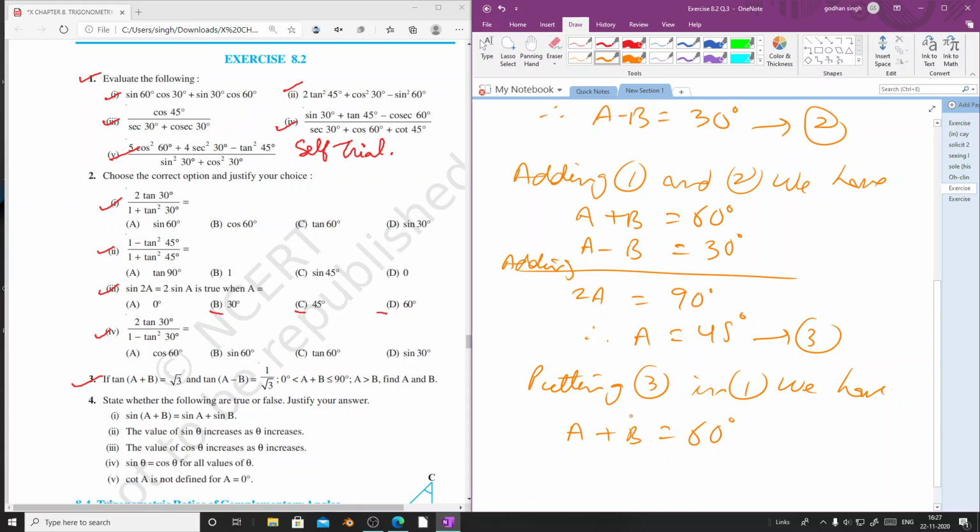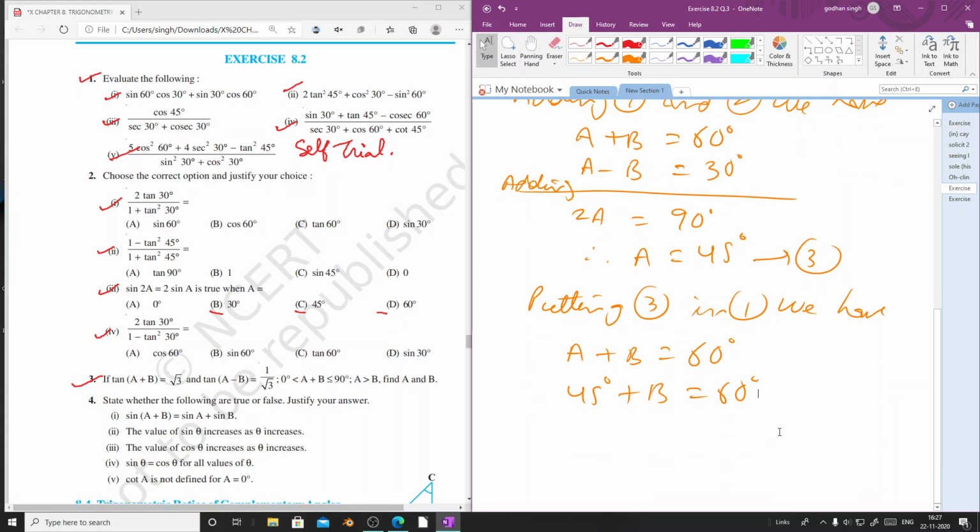In this we will put the value of A, that is 45 degree, plus B equal to 60 degree. Therefore we will get B equal to 60 minus 45, that is equal to 15 degree. So B equal to 15 degree. This is our answer for B, and A we have already obtained. What was our A? A is 45 degree. So this is the solution of question number 3.